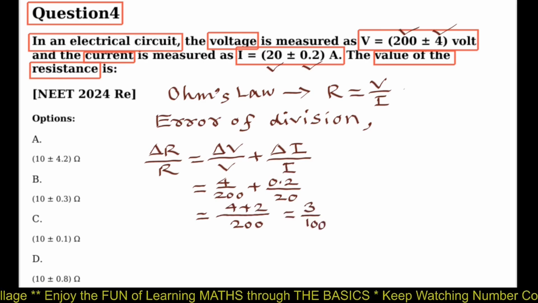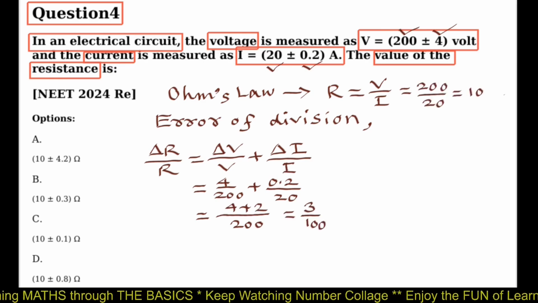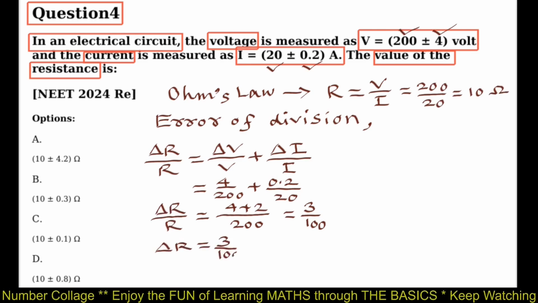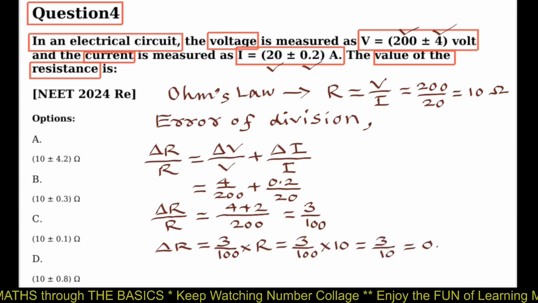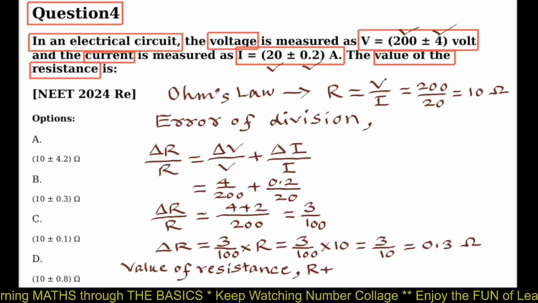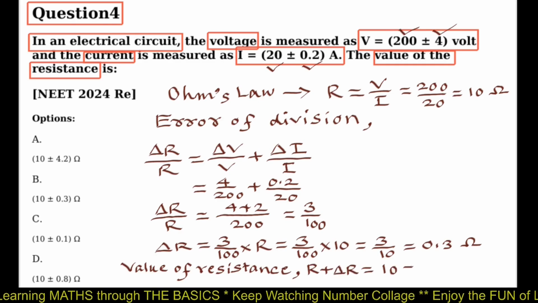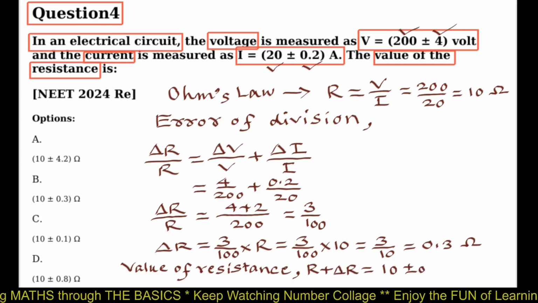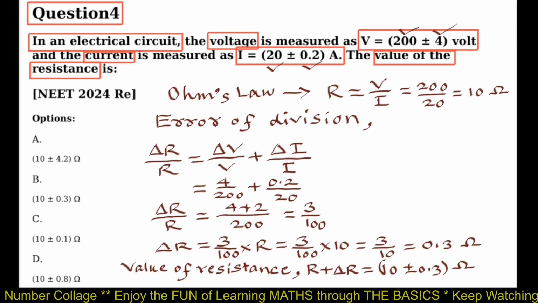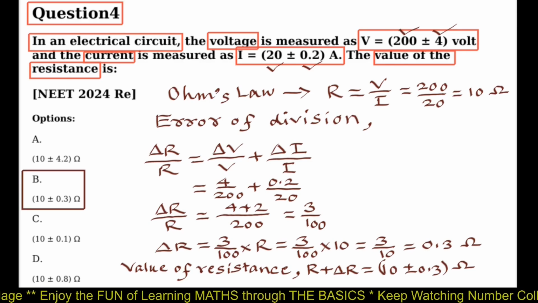Let's find R. 200 upon 20, 10 ohm. That gives delta R equals 3 upon 100 into R, 0.3 ohm. Now the value of resistance will be R plus delta R, 10 ± 0.3 ohm. So the correct answer option here is B, 10 ± 0.3 ohm.